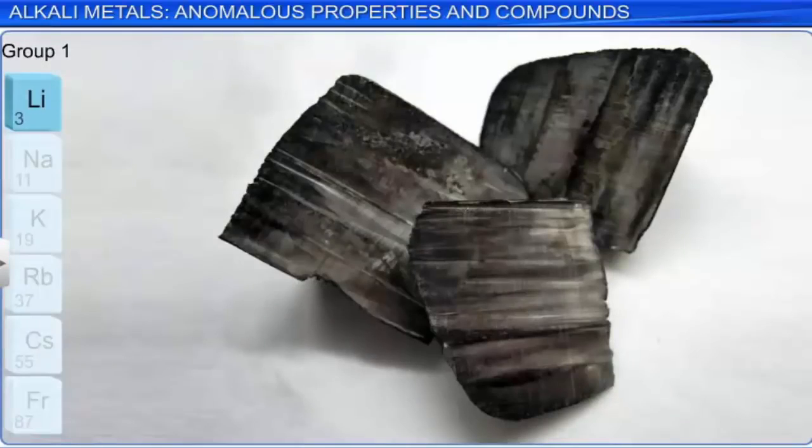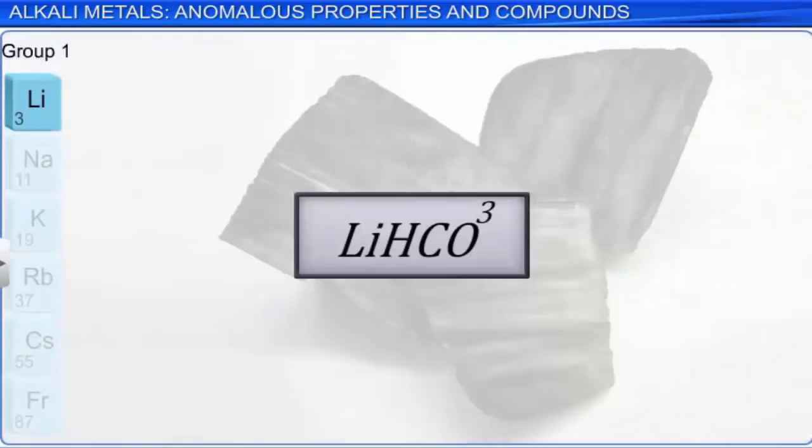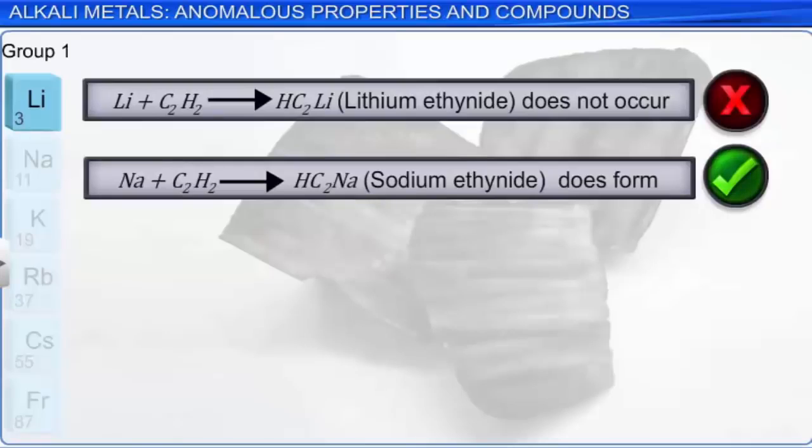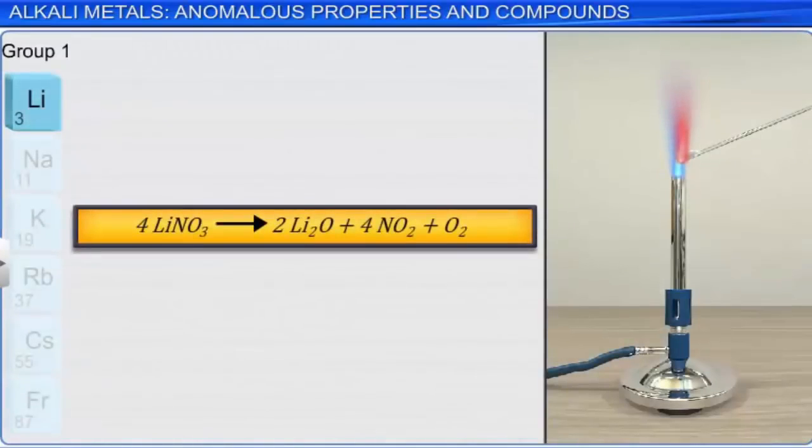Its compound with the hydrogen carbonate ion is not isolated in the solid state. It does not form an ethanide compound when reacting with ethyne. When lithium nitrate is heated, the decomposition reaction results in lithium oxide. However, other alkali metal nitrates form nitrites when heated.